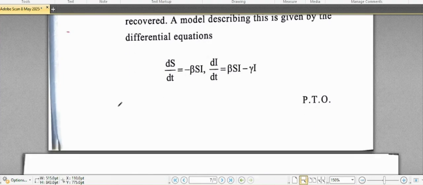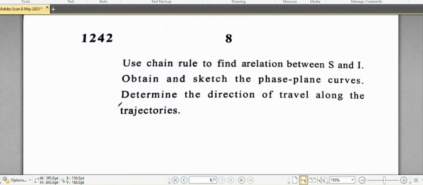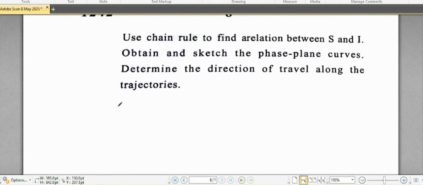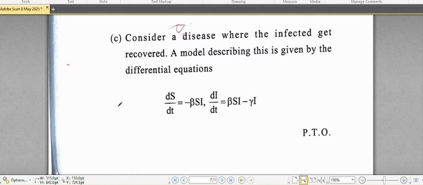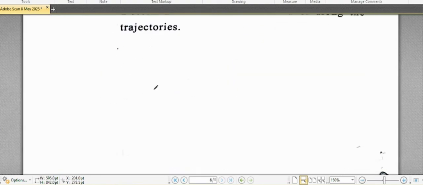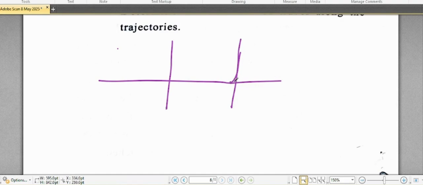Again, the next part was from the epidemic model, and you had to consider the chain rule to find a relationship between the variables. So this is again from chapter number 6 of Barnes and Fulford, a typical question from modeling, and you know that its phase plane is sketched like this. It's dependent on the gamma by beta line. So those who have done modeling nicely will know.